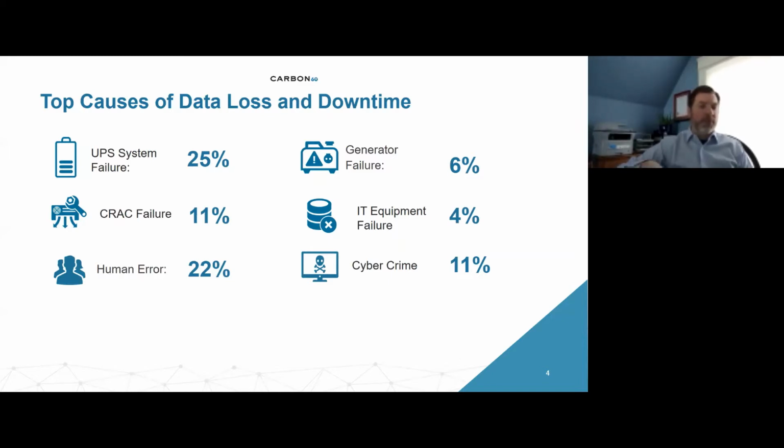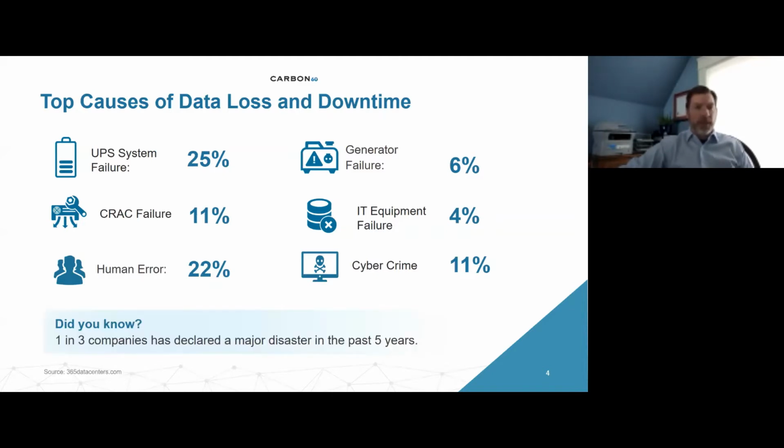Those crypto locker type viruses are getting more and more complex in how and what they attack, with the goal of making it harder for companies to mitigate the risk of it. So in summary, 1 in 3 companies have declared a major disaster in the past 5 years. And being a part of that consulting world, I've been involved in several companies in a rescue fashion from large scale failures.